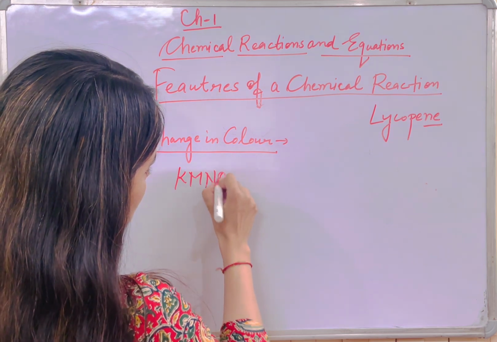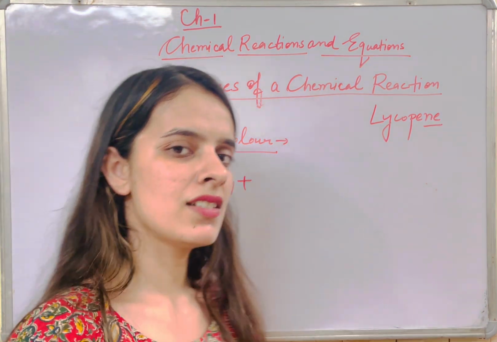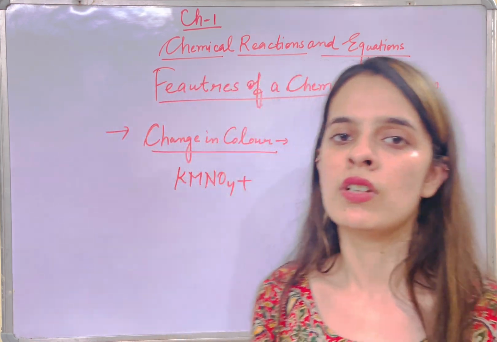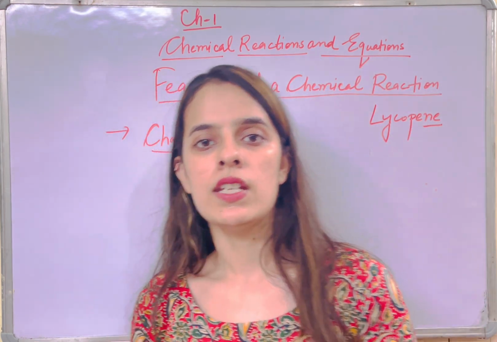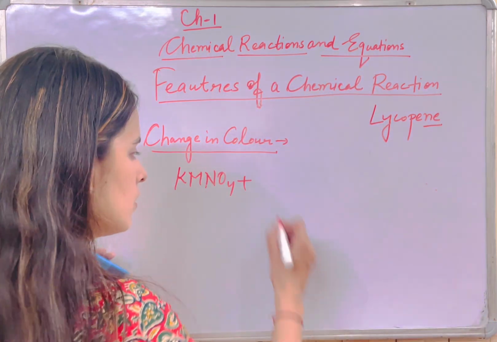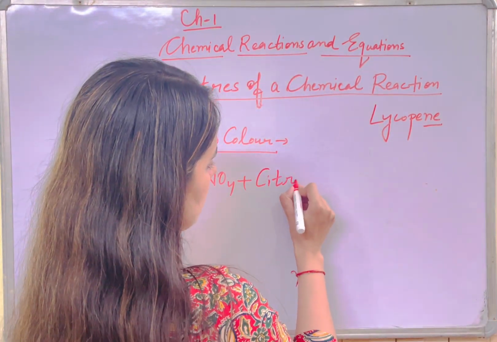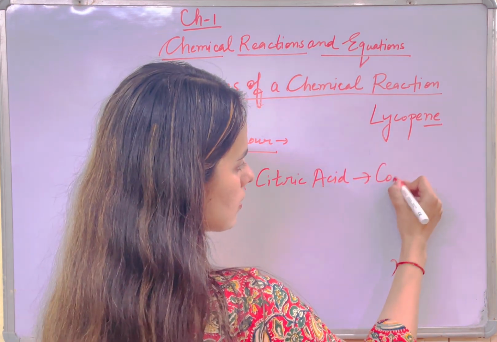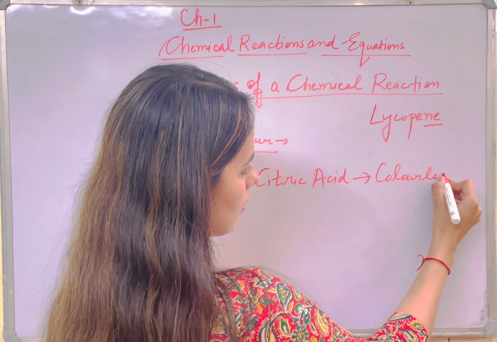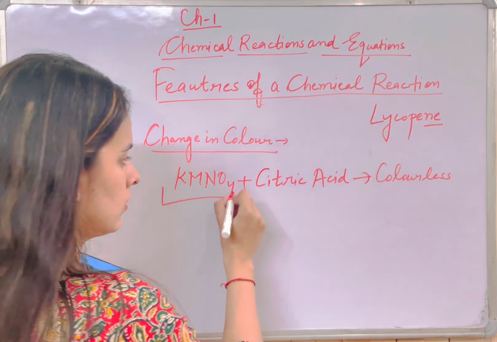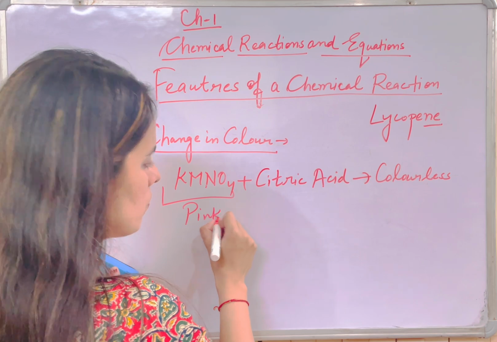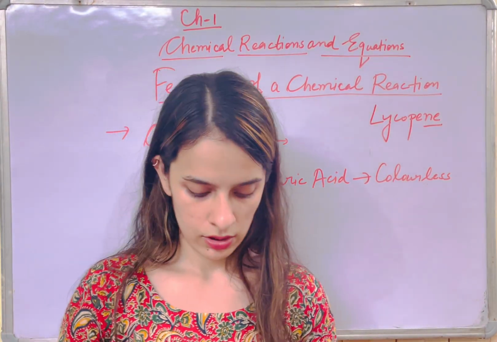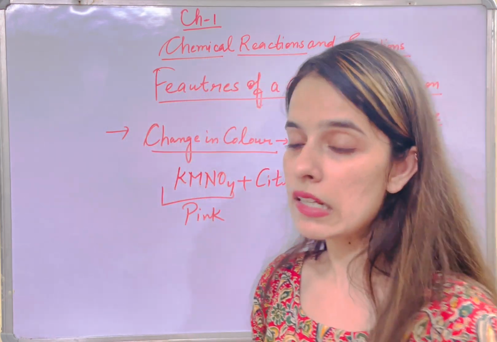When it reacts with citric acid, you know citric acid is present in a lot of citrus fruits, lemon, amla, orange, so many citrus foods from which we get vitamin C. When it reacts with citric acid, the color of it changes to colorless. Initially it was pink in color, so it will change into colorless. So this is also an example where you can see that there is a change in color, right?